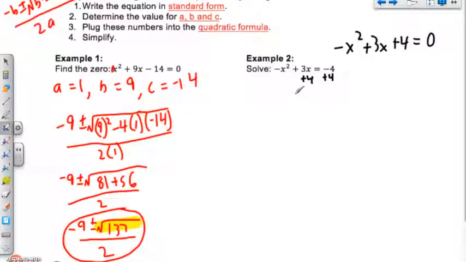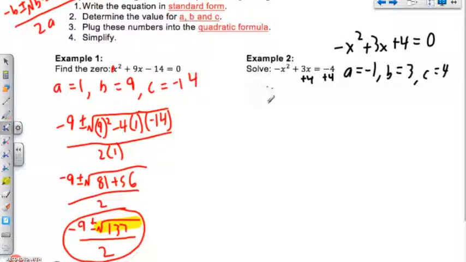And now we can go ahead and plug into our quadratic formula. So if we are plugging in, our a this time will be negative 1 since we have that negative there. Our b will be 3. And our c will be a positive 4 since we moved that to the other side.